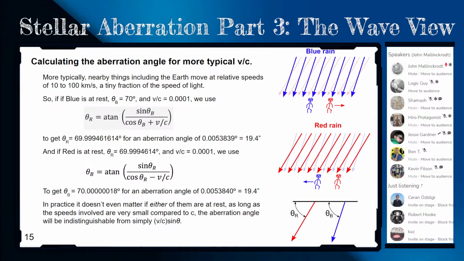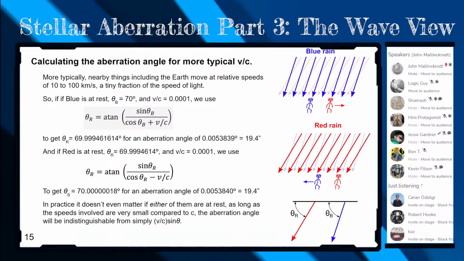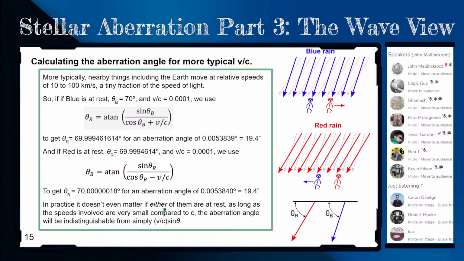And nobody's ever been able to make a measurement. I shouldn't say that. I guess it's conceivable at this point that we might be able to make measurements so accurate that we would tell the difference. But I don't think so. I think nobody's ever made a measurement where it makes a difference. You can just use the v over c sine theta calculation.